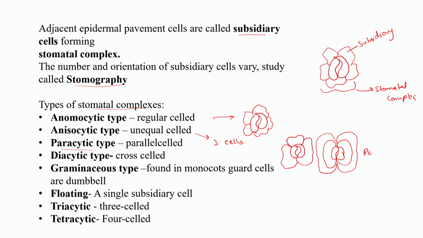So this is the paracytic type. Coming to the diacytic type, in this the stomata is surrounded by a pair of subsidiary cells whose common wall is at right angles to the guard cell.